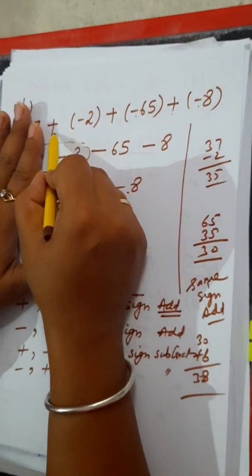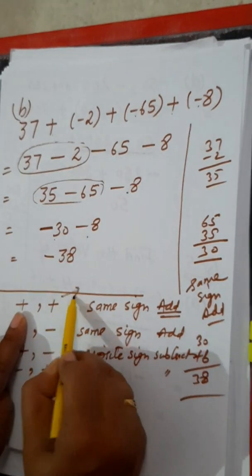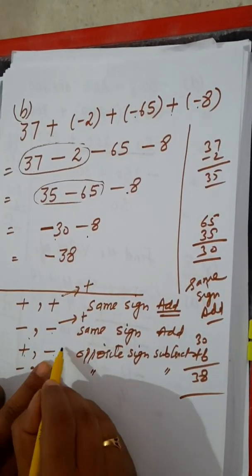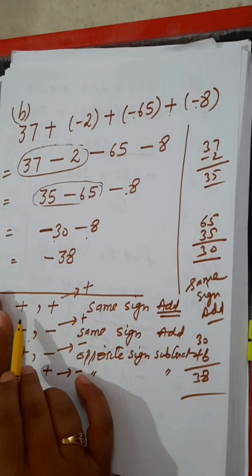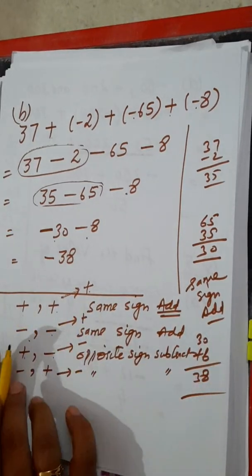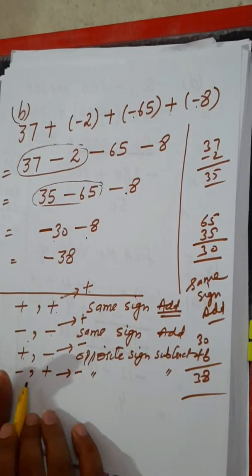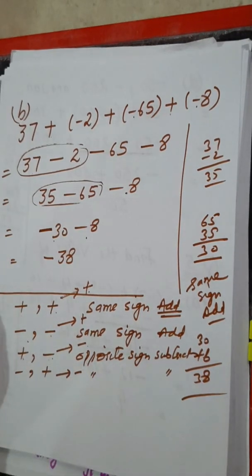And in case of bracket, again the same concept: plus minus, plus plus, plus, minus minus, plus, plus minus, minus, minus plus, minus. Again I am repeating. So this is all about exercise 6.2.